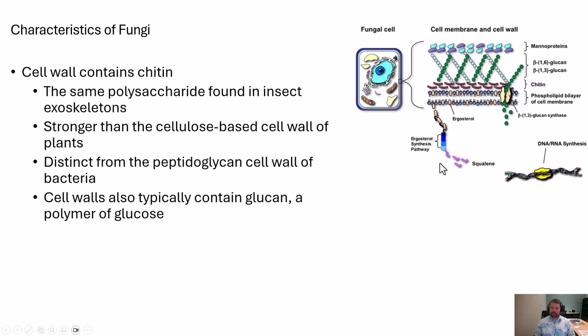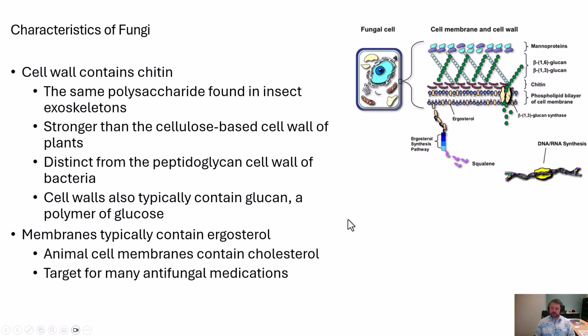And then probably most interestingly, fungi use a different type of sterol than, say, animals do, and then bacteria do. They use ergosterol, which is embedded in their phospholipid membrane, just like animals use cholesterol, just like bacteria use their own sterols.